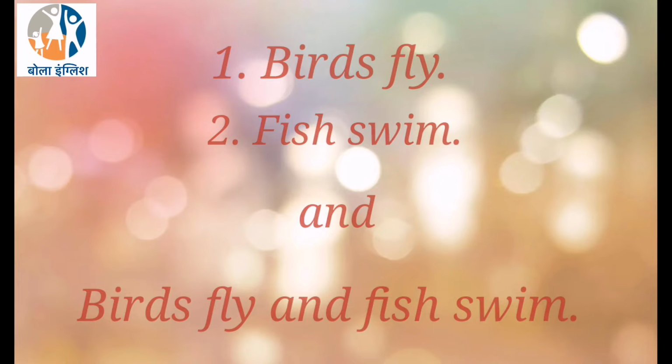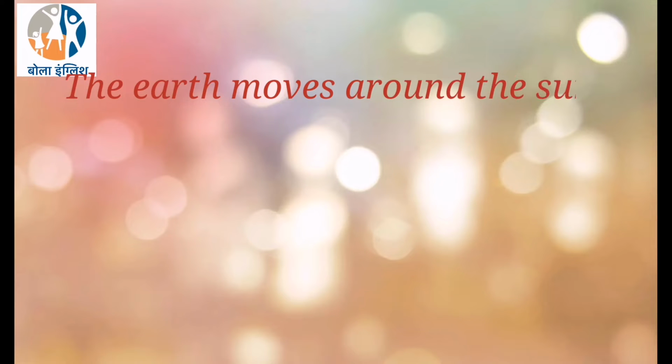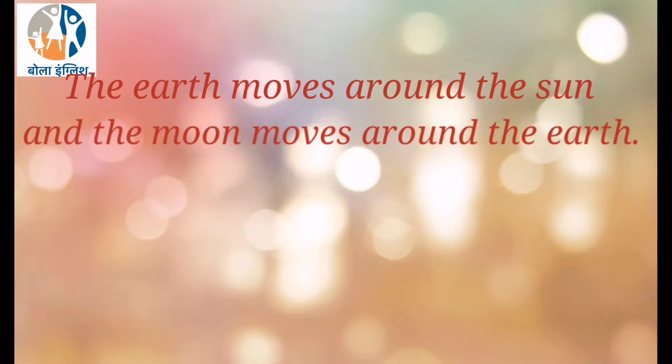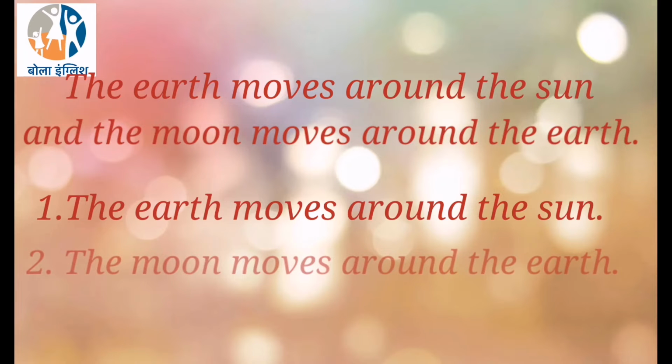Let us see another example. The earth moves around the sun and the moon moves around the earth. Again, there are two statements in this sentence. Number one, the earth moves around the sun. And number two, the moon moves around the earth.